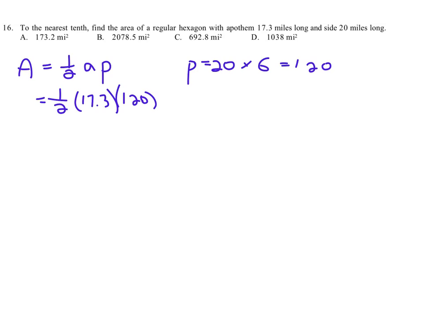So let's do this calculation. 0.5 times 17.3 times 120 equals 1,038 exactly. So the area equals 1,038. It's area, so it's squared units, and their units are miles, so it's miles squared, and that is D.